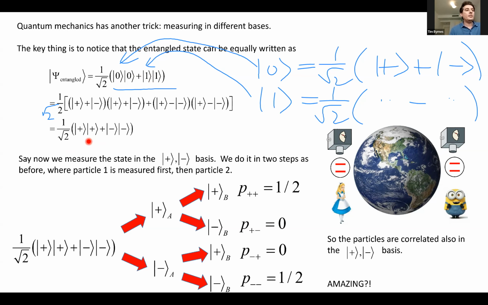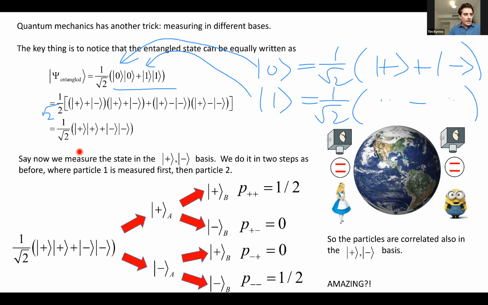This is a very special property of this particular state. It just happens to have this kind of symmetry. So don't think that this is something that always happens. This is maybe a surprising and interesting result for this particular state.